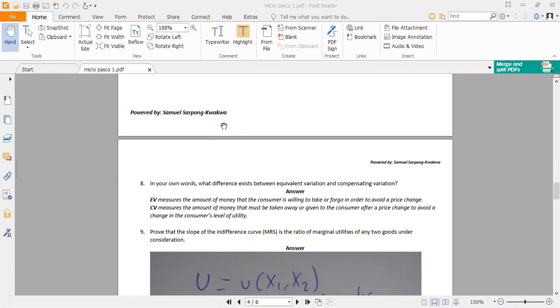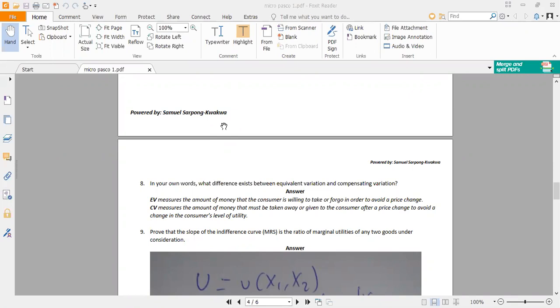Okay, so the compensating variation is just measuring the amount of money that you have to give to the consumer whenever there's an increase in price, so that the consumer's level of utility will remain unchanged. If you increase price, there's a reduction in welfare, but we don't want the person's welfare to reduce after the increase in price. So even if they increase price, we'll give the consumer an extra amount of money so that he can still buy the quantity that he used to buy.